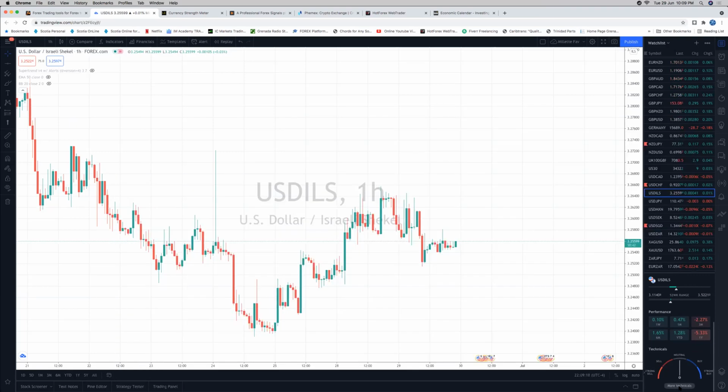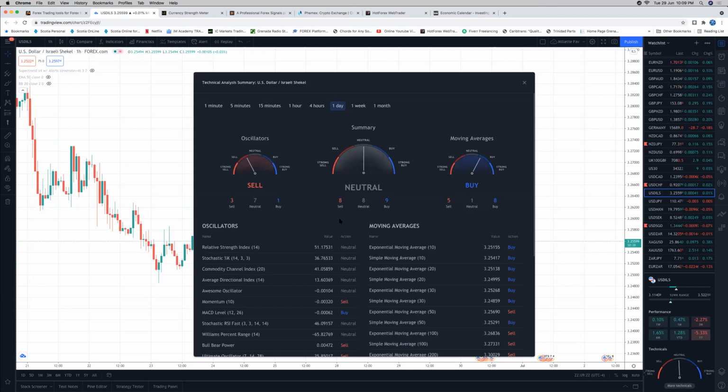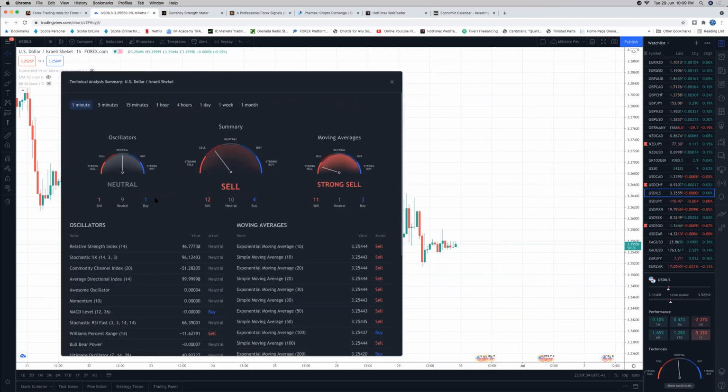And if you hit the more technical portion, that's where it comes up. We can see what's happening in a different time frame. It advises us what happens in the different time frames. So the 1 minute here is looking like a sell. But if you look at the 5 minutes and 15 minutes, everything else is telling you it's a buy, and we see just a little buy here.